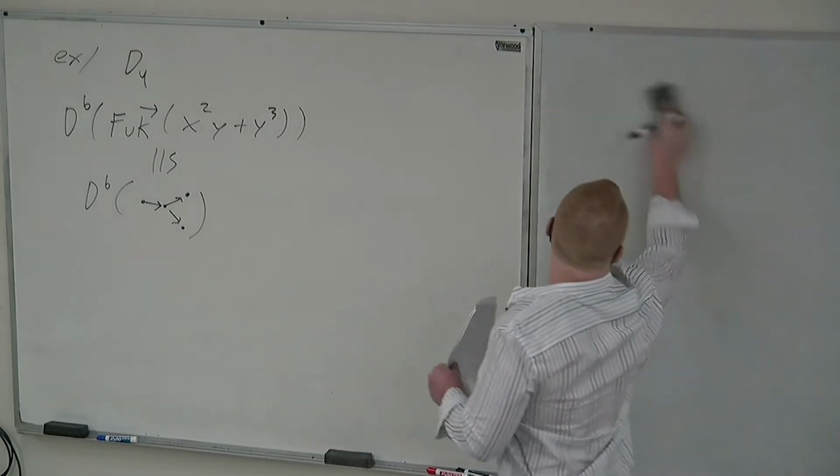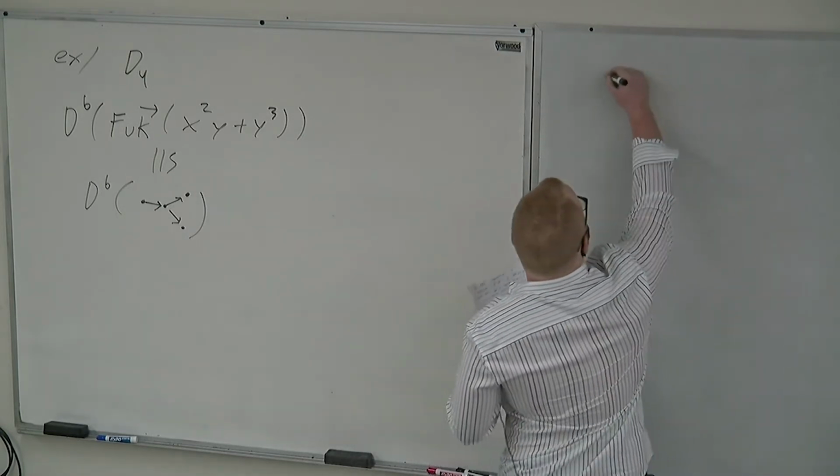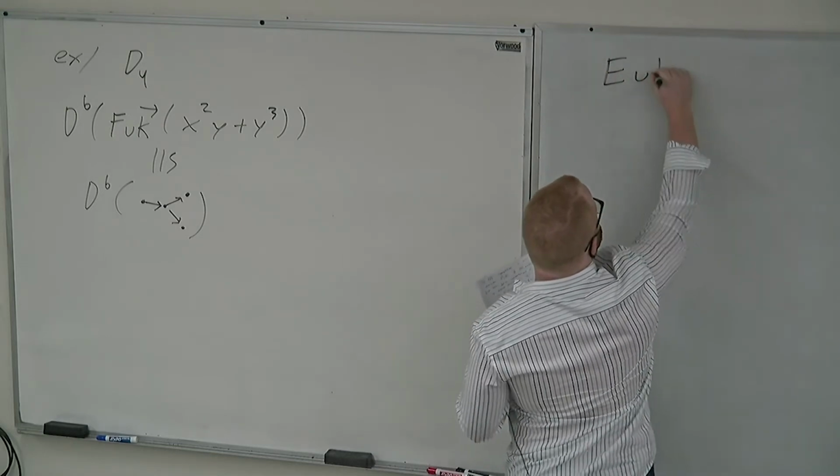So thinking about this as a derived category of quiver representations, we get an Euler form.